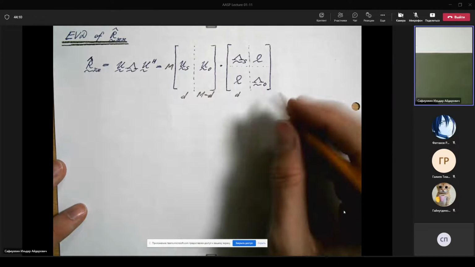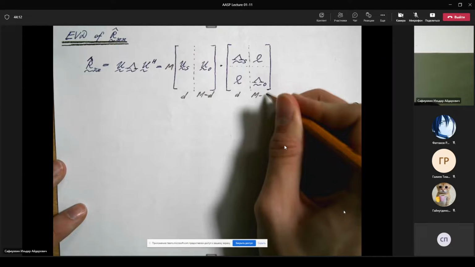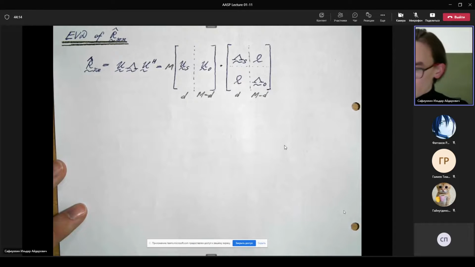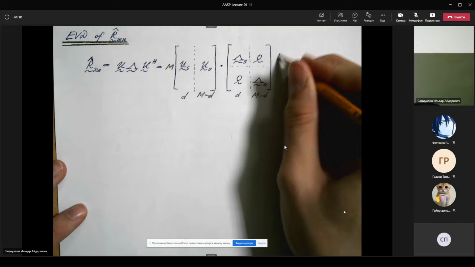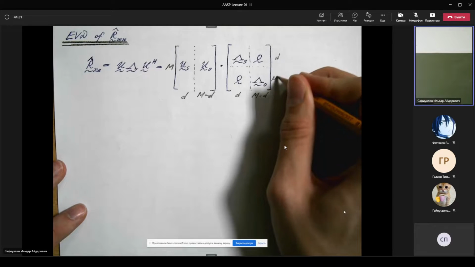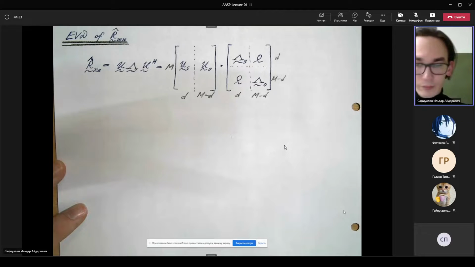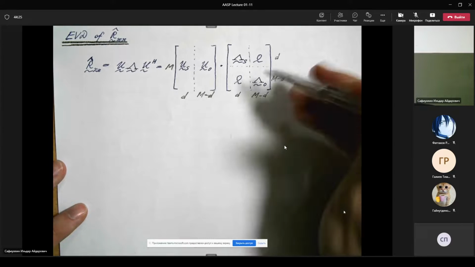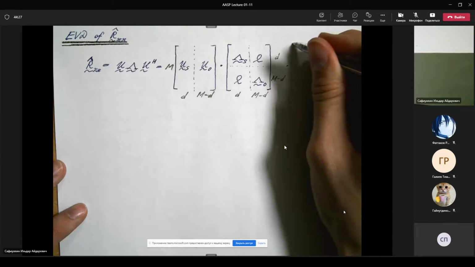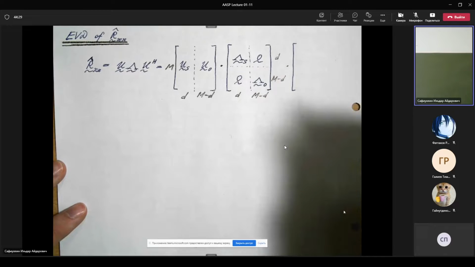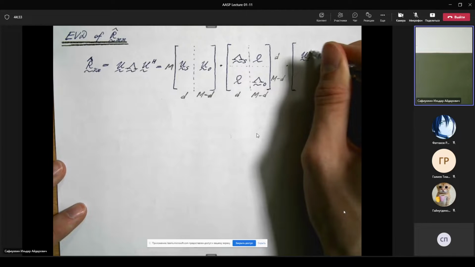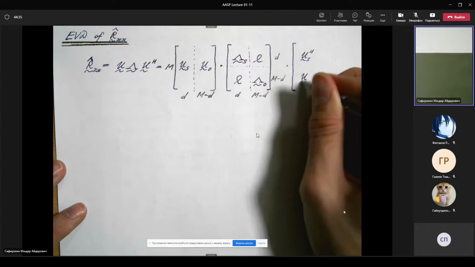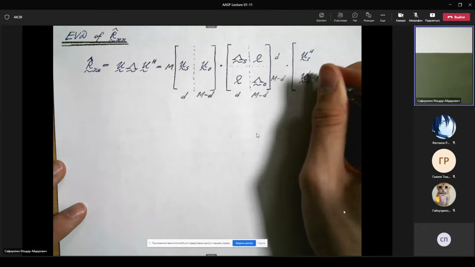For lambda subscript 0, it is M minus d, and the same for the number of rows. So for this one, the number of rows and columns is d, and M minus d. And the last element is U subscript s Hermitian and U subscript 0 Hermitian.